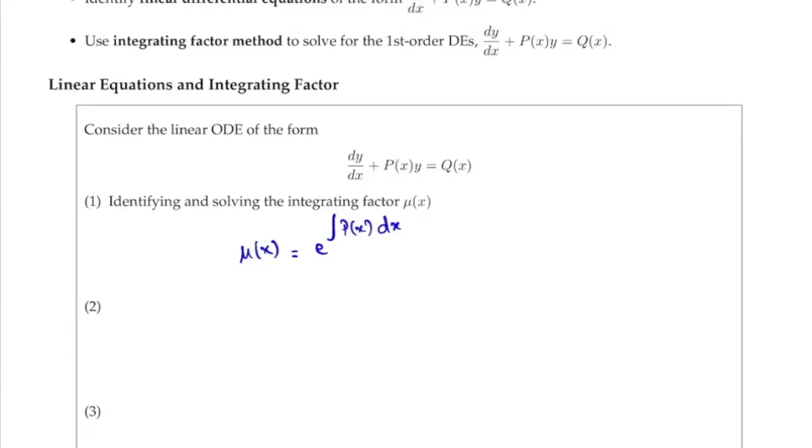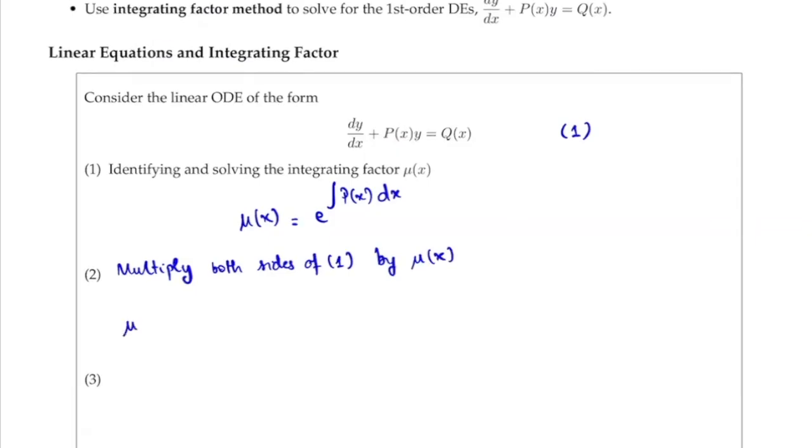It's a little complicated, but when you actually do the work, it's not that difficult at all. Now, when you know the value of mu of x, what you do is multiply both sides of equation 1, which is the linear differential equation that we are working on, by the integrating factor mu of x.